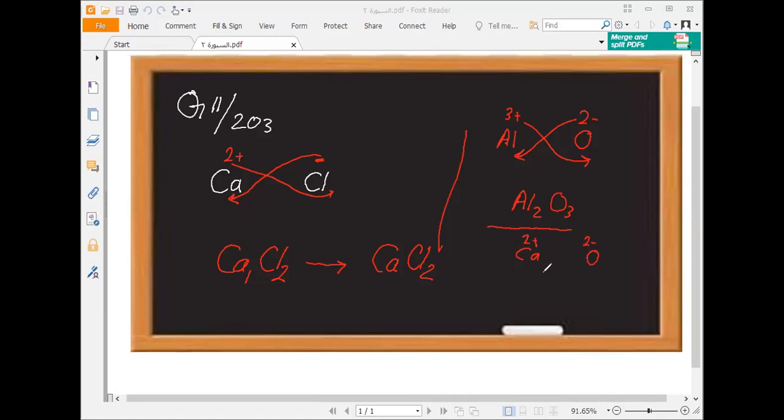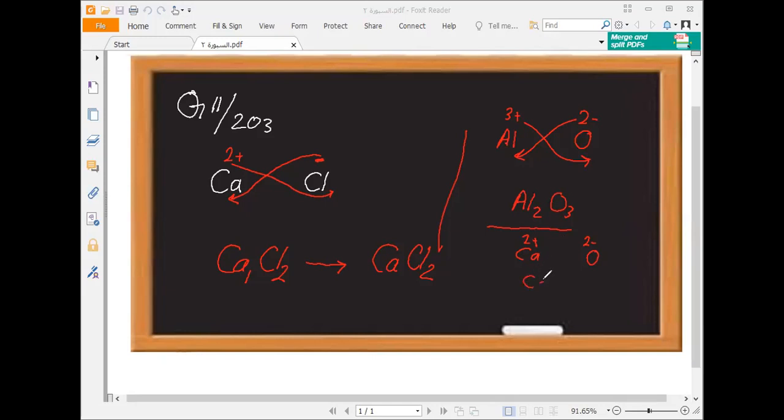Can you define the formula unit? The lowest whole number ratio. Can you simplify the numbers here?